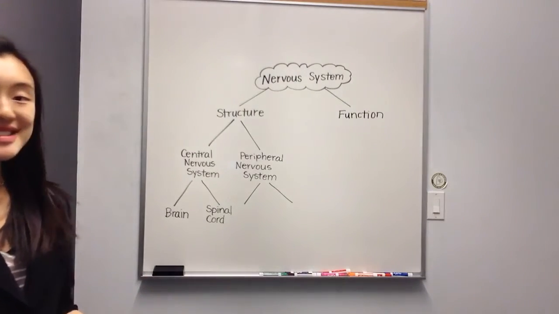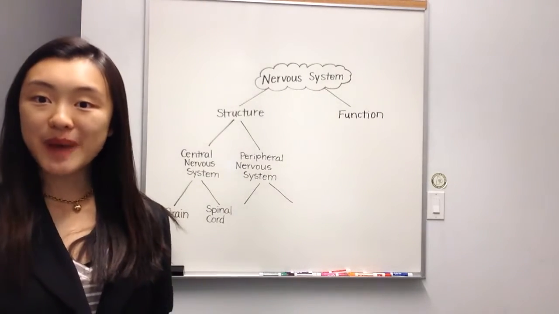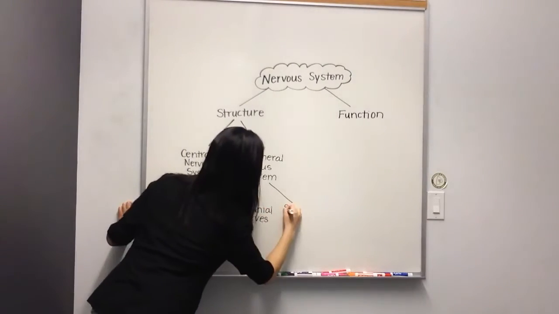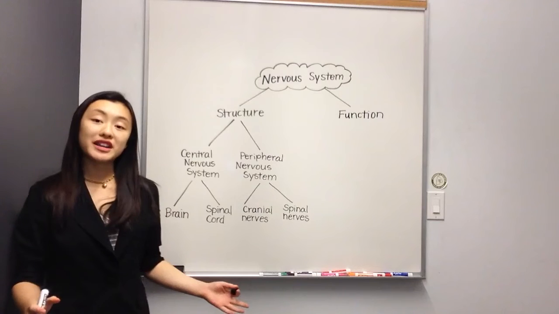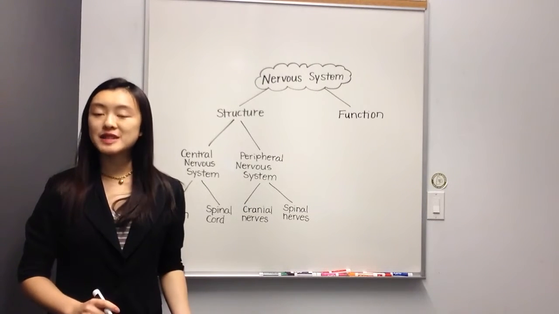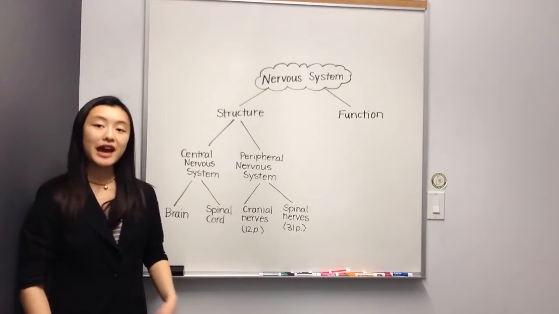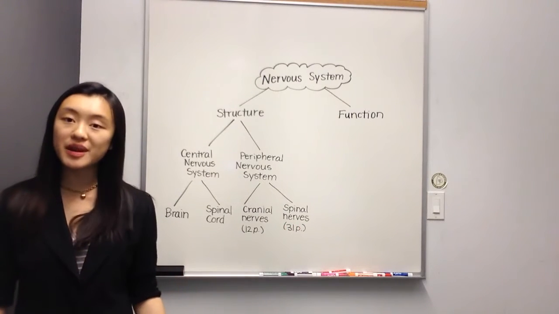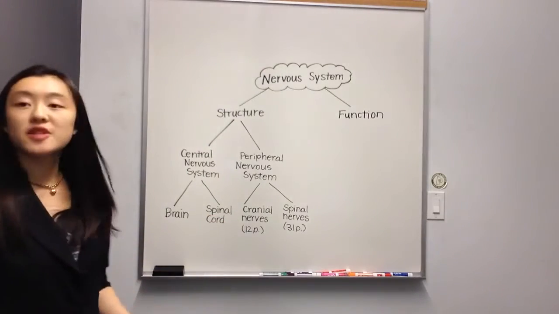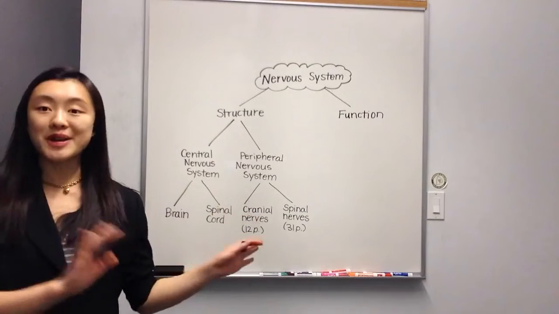In contrast, nerves that are connected to the spinal cord are called spinal nerves. In the human body, there are 12 cranial nerves and 31 spinal nerves. I wrote it this way because we have 12 pairs of cranial nerves as well as 31 pairs of spinal nerves, because there will be one on either side.